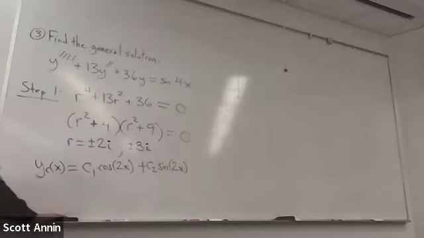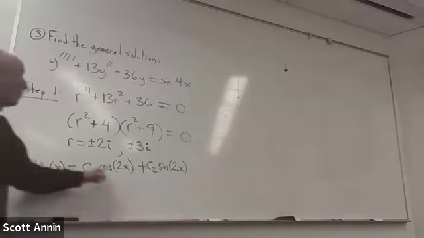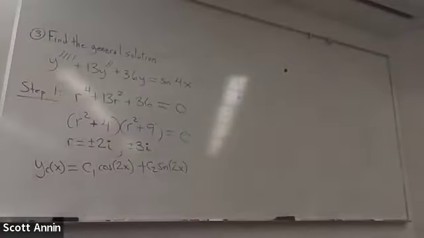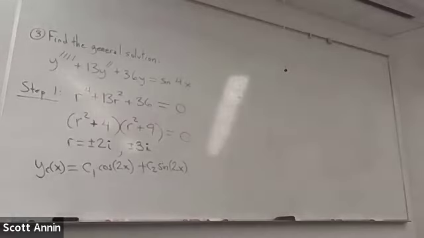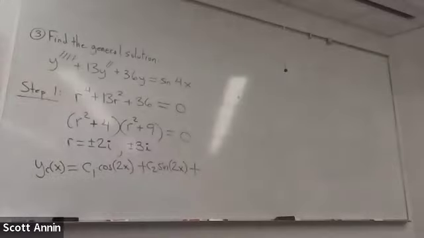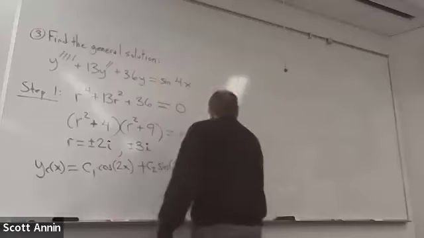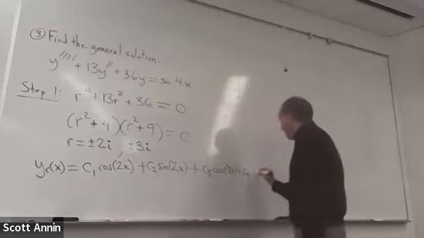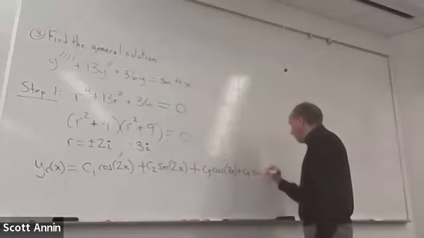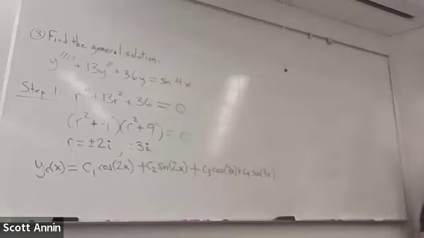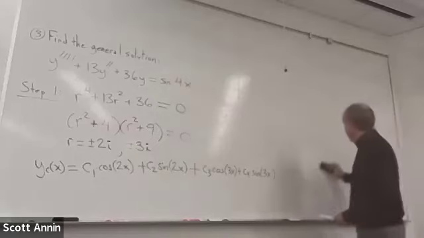Question, does it have to be in that order, cosine first? No. You could start with sine and then cosine. I generally do cosine first, but it doesn't matter. Can I get somebody else to take it from there? Tony? C3 cosine 3x and plus C4 sine 3x. Super. So C3 cosine of 3x plus C4 times sine of 3x. That looks awesome. There's your complementary function, just like that.